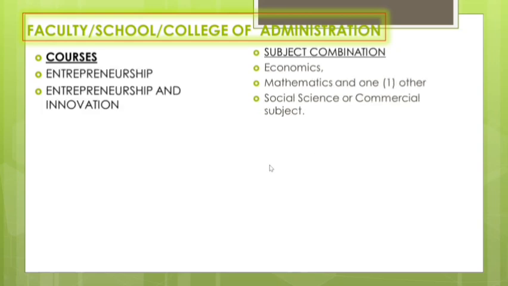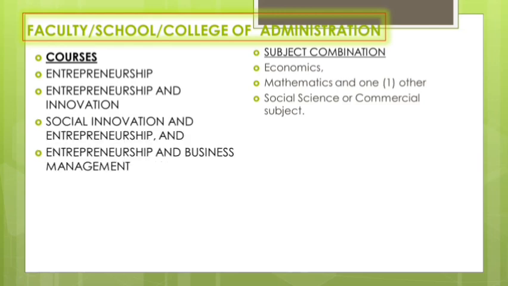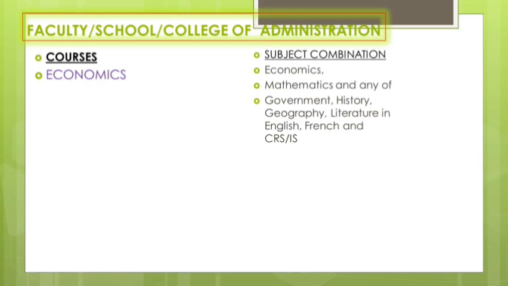For candidates applying for entrepreneurship and innovation, social innovation and entrepreneurship and business management, you are just to sit for economics, mathematics, and one other social or commercial subject. For candidates applying for economics, your JAMB subject combination include economics, mathematics, and any of government, history, geography, literature in English, French, and CRS or IS.